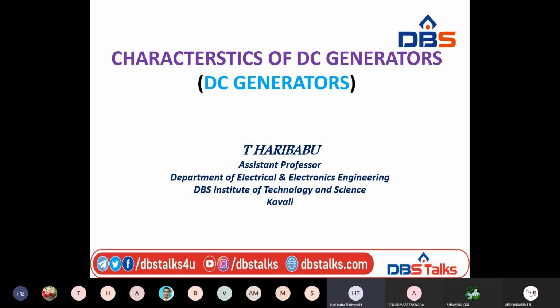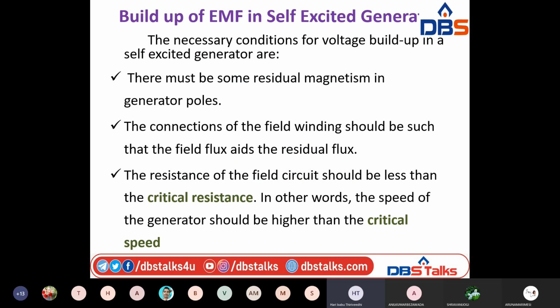Sometimes they ask to draw the magnetic characteristics of a shunt generator, for 2 marks, right? So before going to the characteristics, first we should know the voltage build-up in a self-excited generator, otherwise the build-up of EMF, or the conditions to generate the voltage in a self-excited generator.